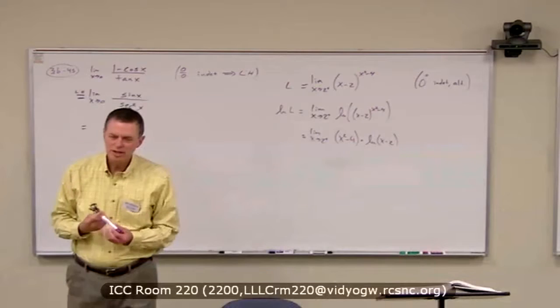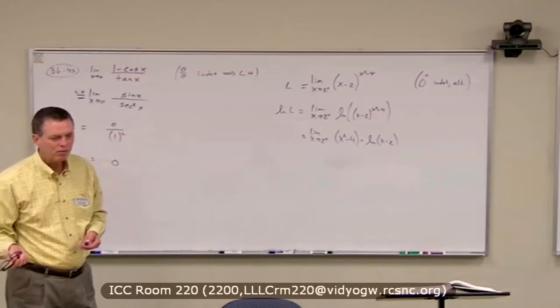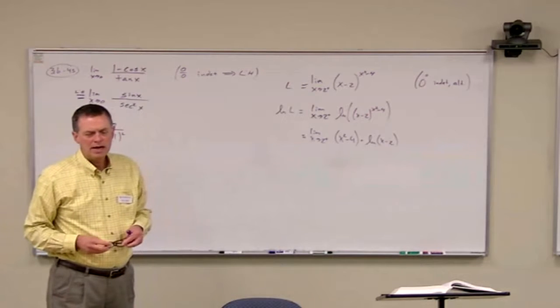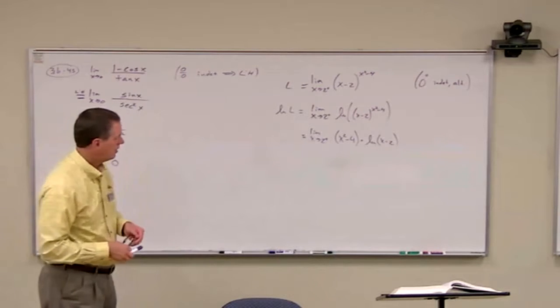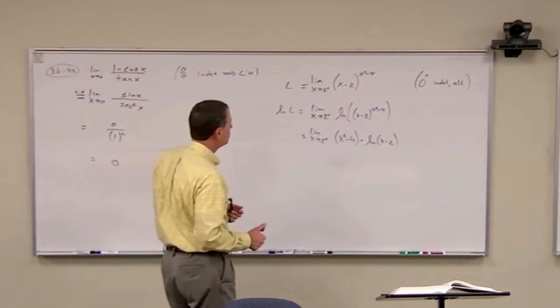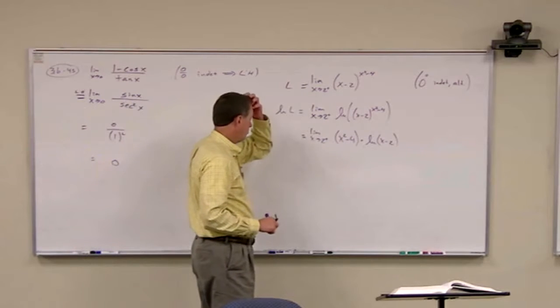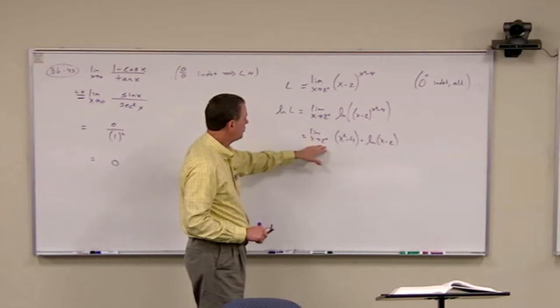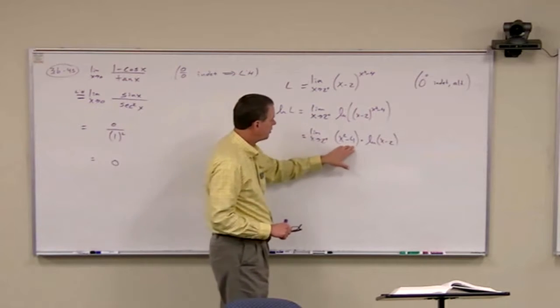But now I've got, instead of a variable exponent with a variable base, which is always a problem, a product. And that's more normal. So I check it again, let x get close to 2, and I get a 0 here.